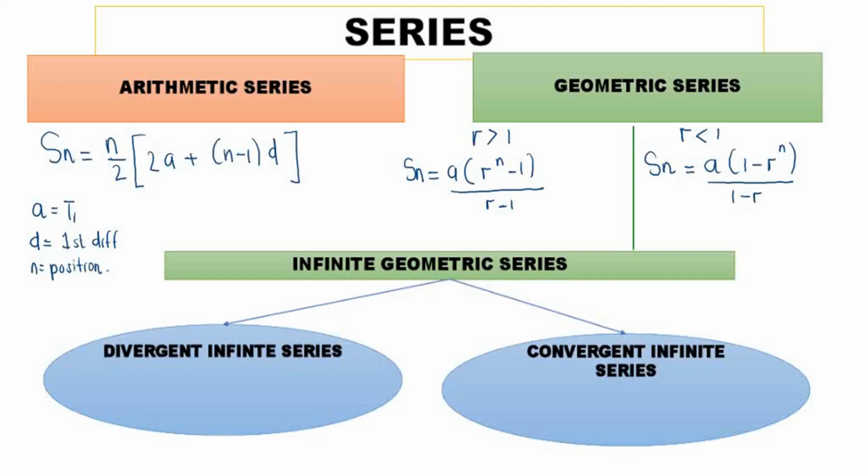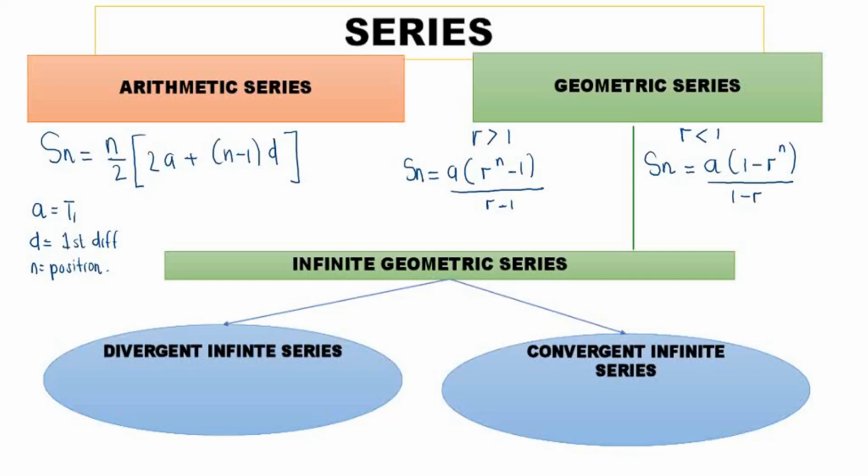And when you get the sum of all these values, you will notice that the sum will get bigger and bigger and bigger without any end. And when this happens, we can say that this infinite geometric series is divergent.